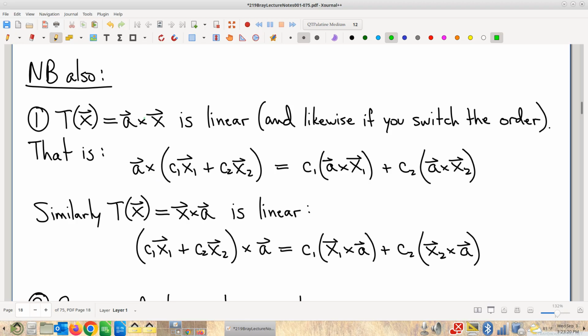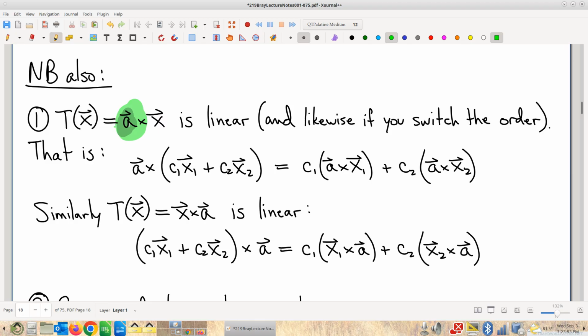Cross product acts on two vectors, so it doesn't really make sense the way I said it, but this is how people describe the following property: if you fix some vector, let's say A, and then you say, look, I'm going to go around with that vector, and I'm going to cross with A whatever vector I run into. Okay? Crossing with A, that's what I do. You show me some vector, I'm going to cross it with A.